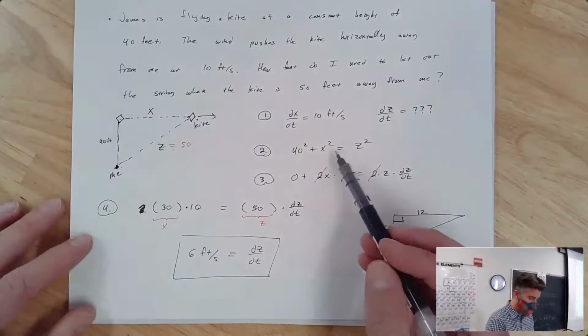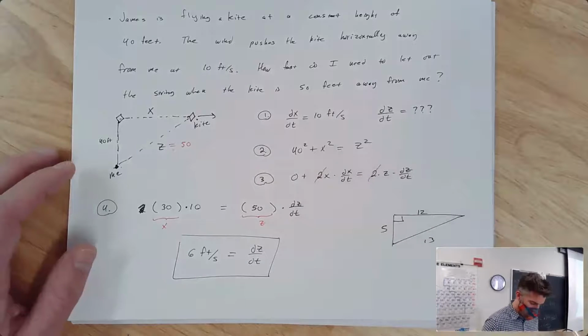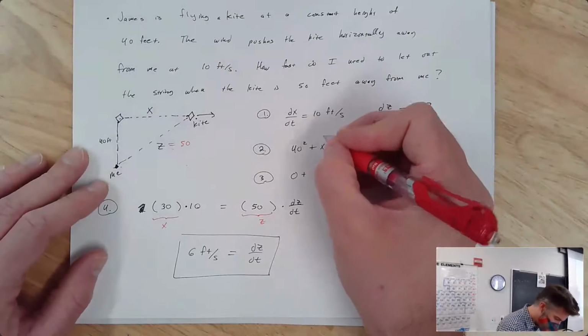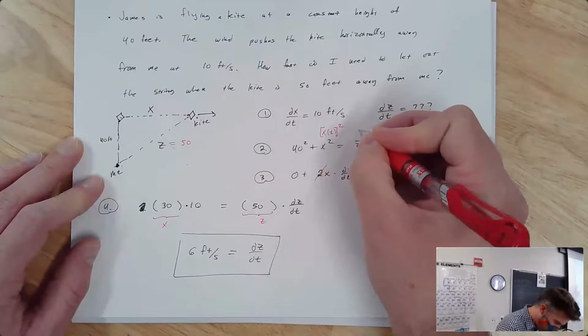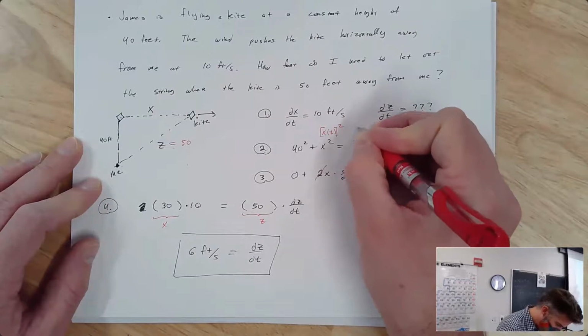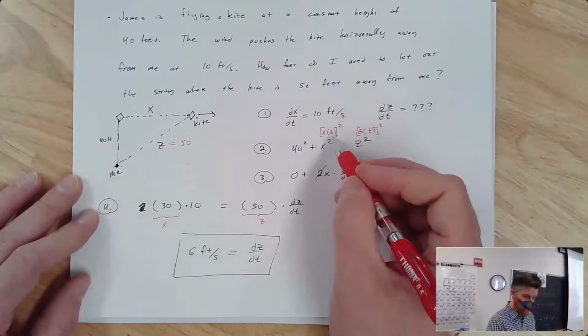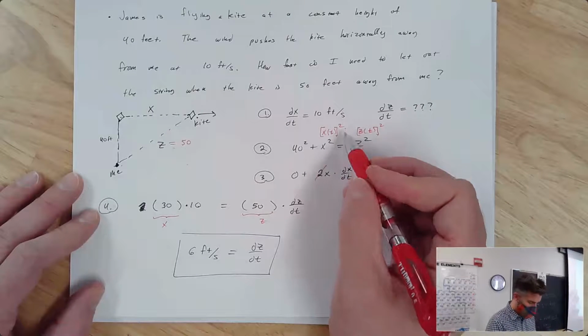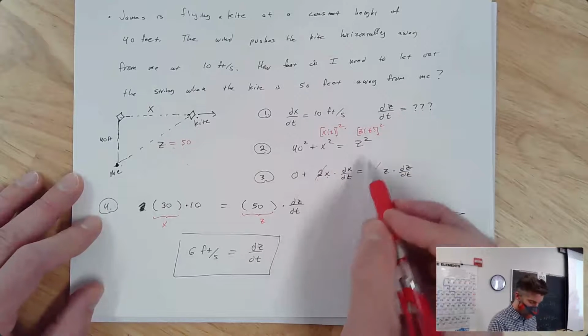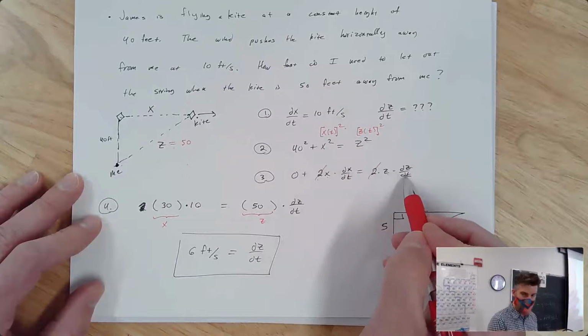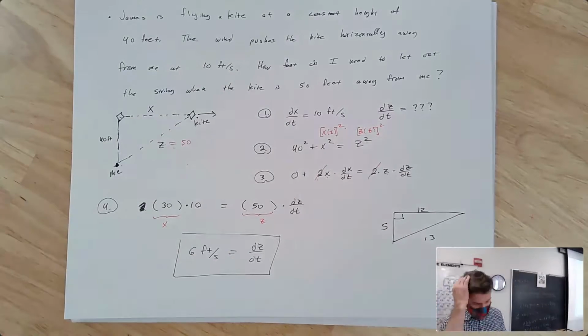Because if you want to think about it this way, x is a function of time, and z is a function of time. So you take the derivative of some stuff squared, you get 2 times your stuff times the derivative of your stuff. But yeah, we can definitely use some examples of that.